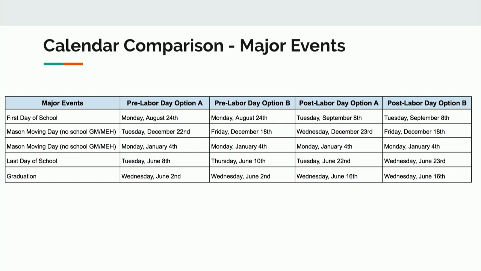If I can interject, I think one of the things many people may be asking is: you came up with two pre-Labor Day options and picked the same start date for both. Why did you do that? When we started our work at our very first meeting, people used those giant calendars and Post-it notes, and they quickly figured out that if we only started on August 31st instead of August 24th, they weren't able to get a calendar that worked and still met the June 15th date.